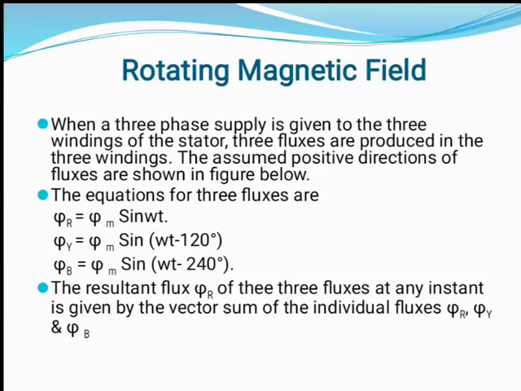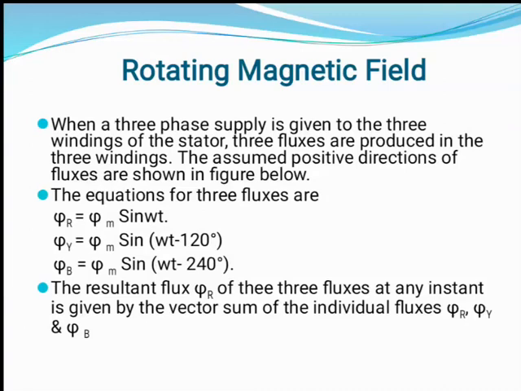By observing these equations, we can realize that the fluxes produced in the three different windings R, Y, B are placed 120 degrees apart from each other.